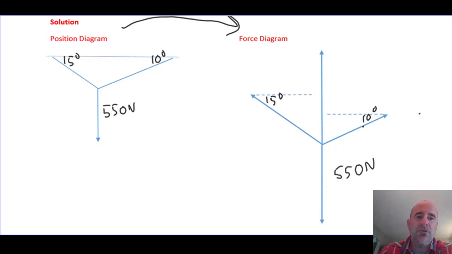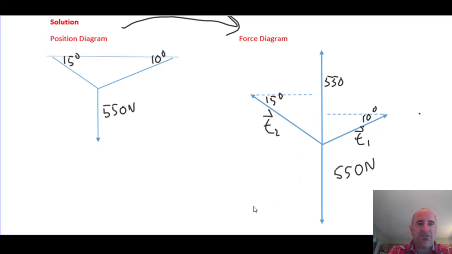So I know that this is like 550 long, okay? Now the two tensions, I don't know what they are. I'm going to call this T1, and I'm going to call this T2. And the goal is to figure out what their magnitude is, which gives us the tension. So let's look at how we're going to do that next.